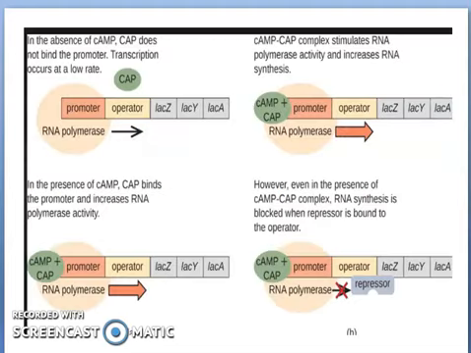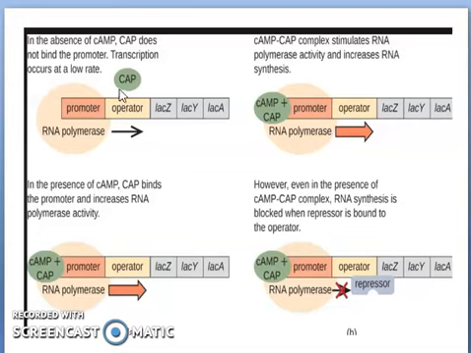Now in the next slide, we will deal with it in a diagrammatic way. What happens when CAP is present and when it is absent? In the first diagram, in the absence of cAMP, CAP does not bind to the promoter. Transcription occurs at a low rate. Here the RNA polymerase is binding, but CAP is not present in the DNA region.